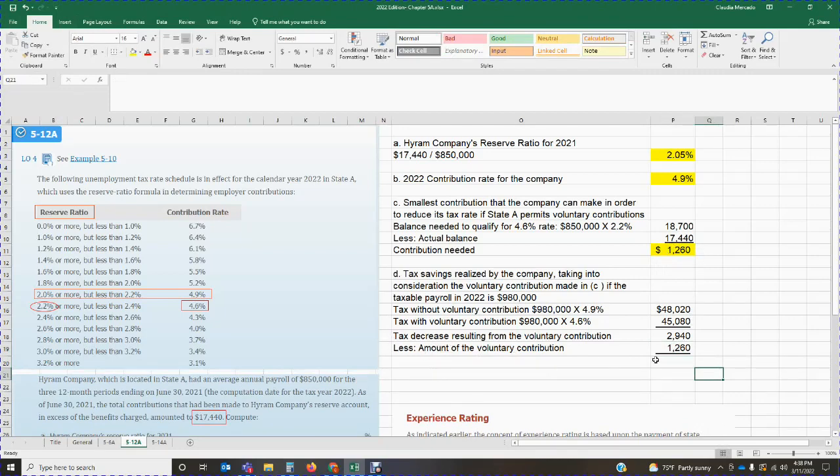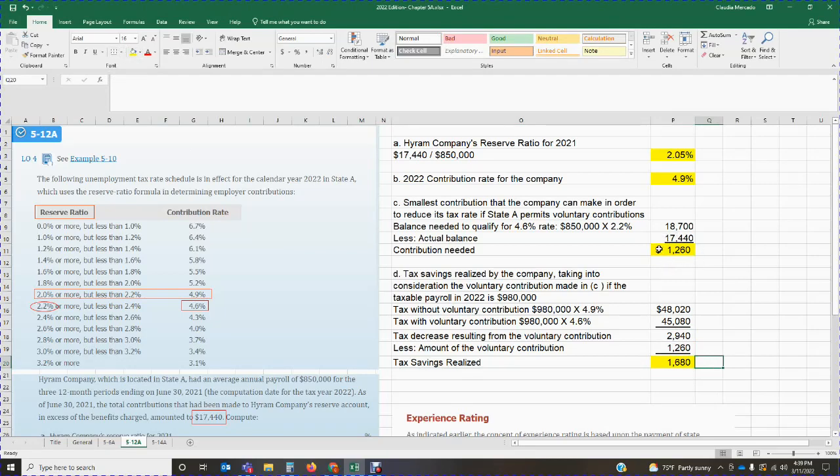I'm going to deduct that from my tax decrease, so I can actually get my tax savings realized. Okay, I'm going to get my 2,940 minus my 1,260, and that's going to give me 1,680.